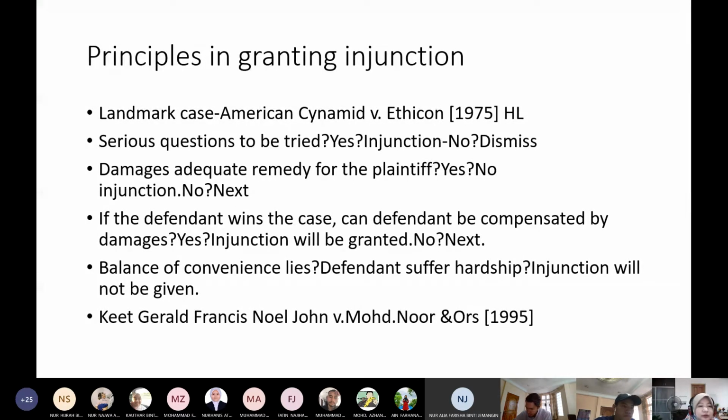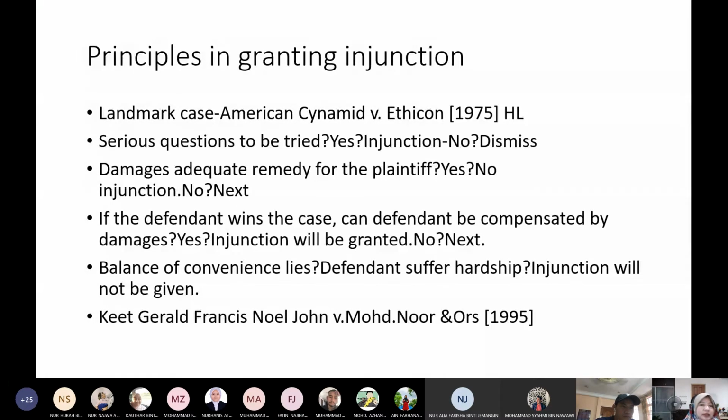the court will ask you the next question. If the defendant wins the case, can the defendant then be compensated by damages? I'll give you a scenario. The plaintiff in this case says she will lose her children forever if the injunction is not given to her.